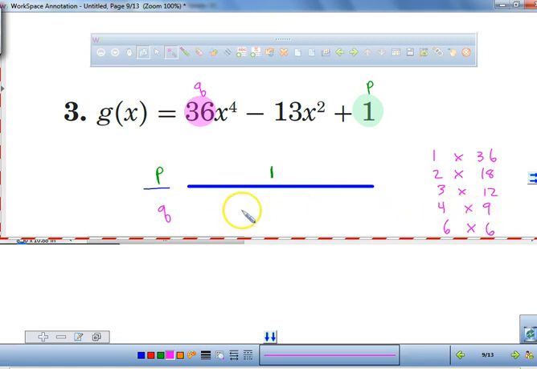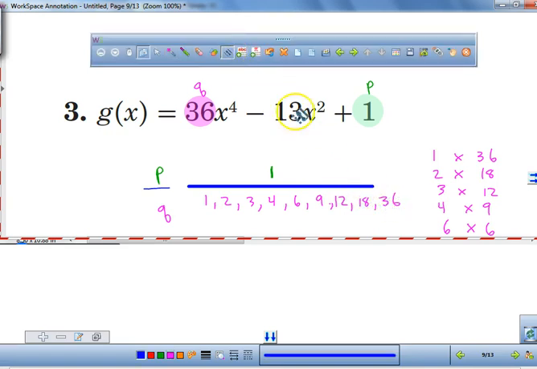All right, here we go. We got a 1. We got a 2. We got a 3, 4, 6, 9, a 12, and 18, and a 36. That's a lot of factors right there.